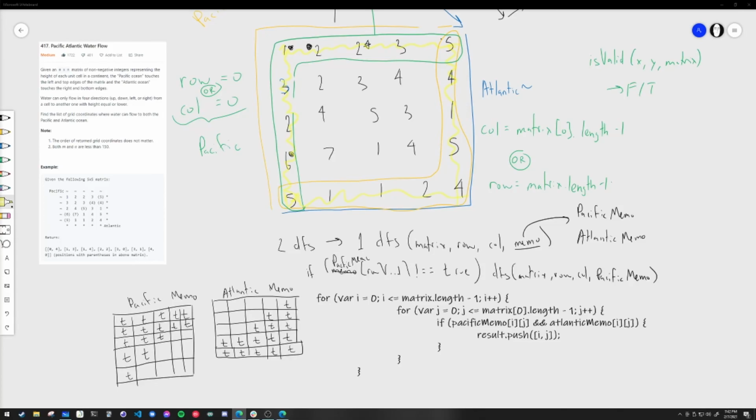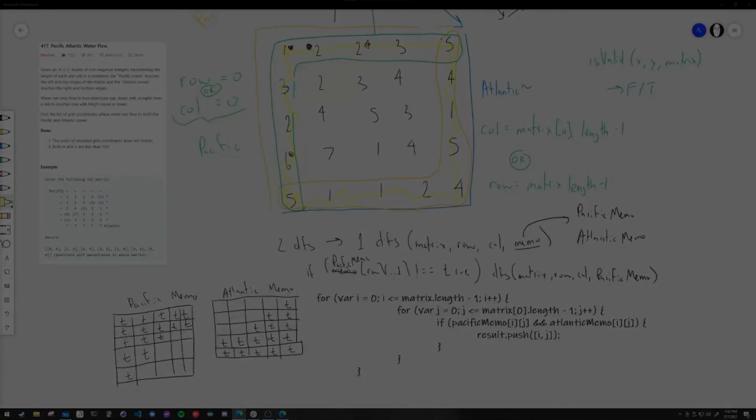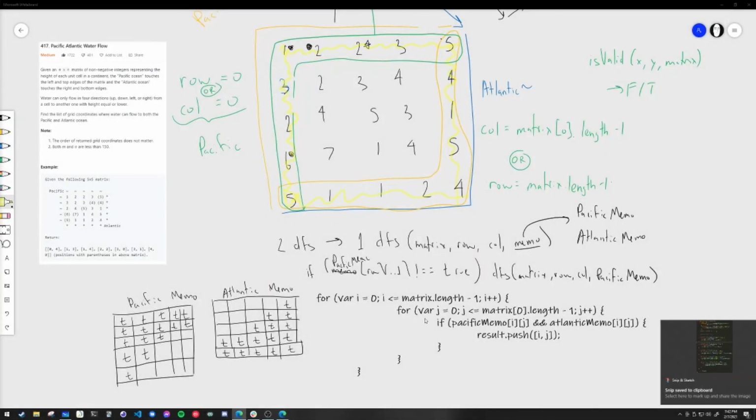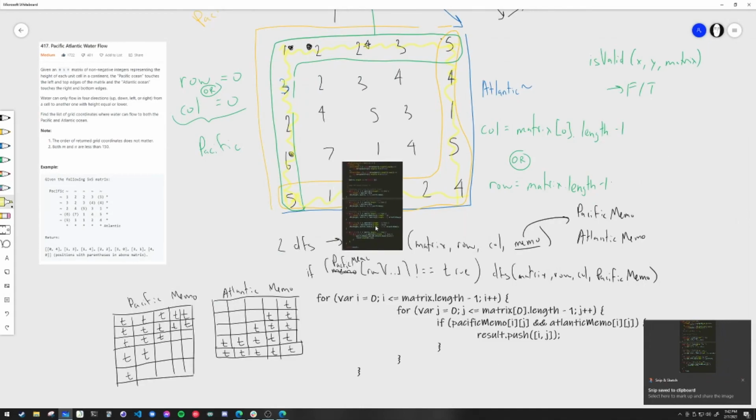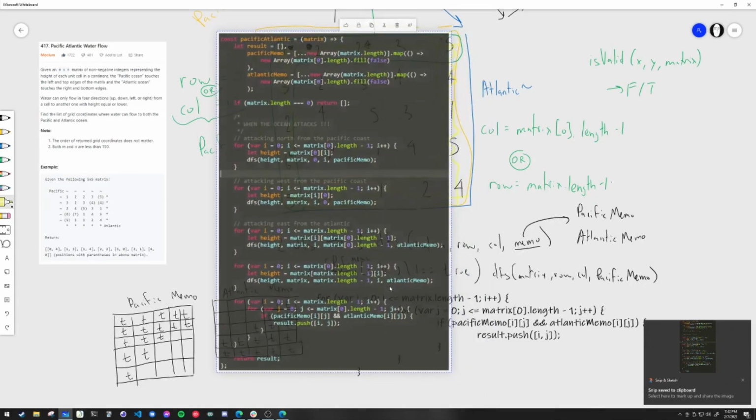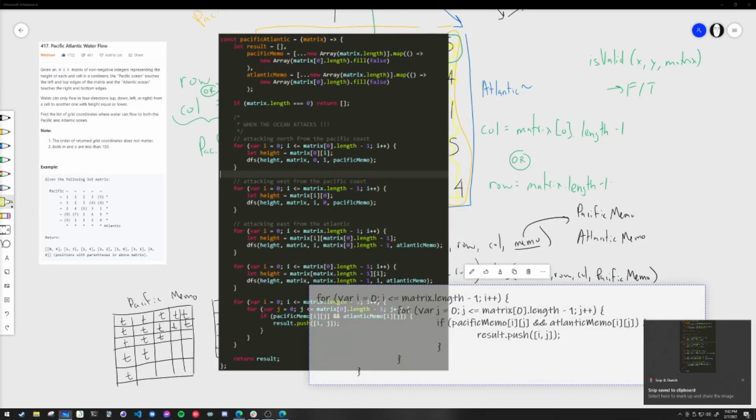Nice. But yeah, let me see if I can screenshot this real quickly. So for code purposes, you'll see this in a second. So this is that one, and I can just move this out of the way if it's too much.